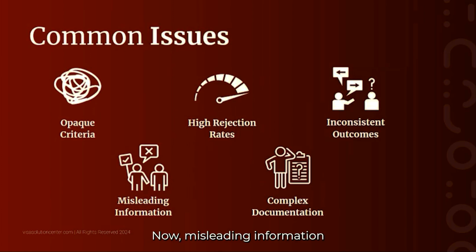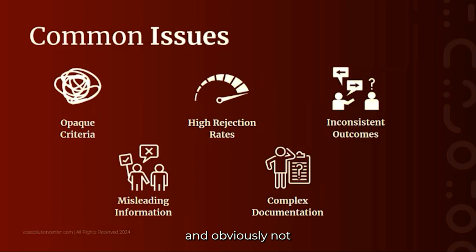Now, misleading information that you're going to find online. You're going to find a bunch of information related to this, but you need to be able to pinpoint what makes sense and what doesn't within a process so complex as this one. So we need to make sure that we get the right information.